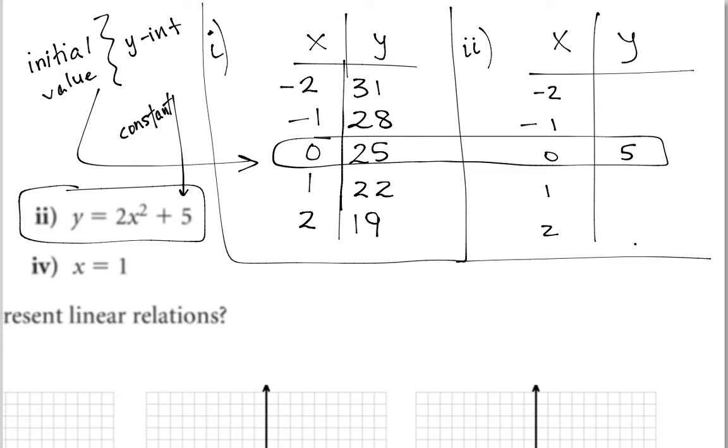You've got to go 1 squared is 1. 1 times 2, 2. 2 plus 5, 7. Okay, plug in a 2. 2 squared, 4. 4 times 2, 8. 8 plus 5, 13.